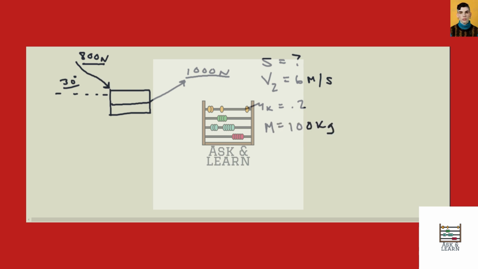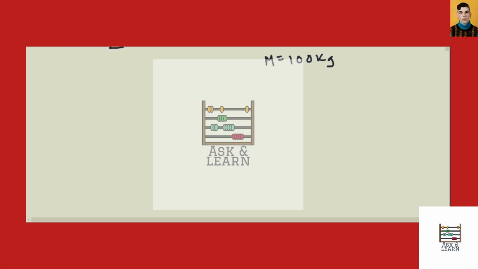So because we're dealing with forces and we want to calculate the distance traveled, we can use the equation for work, which is just force times distance. But we also are given a velocity. And because of that, we know that there's a kinetic energy involved because kinetic energy deals with movement.